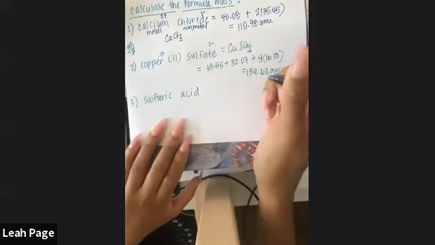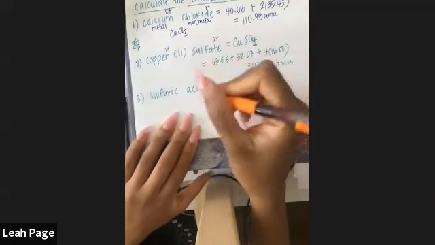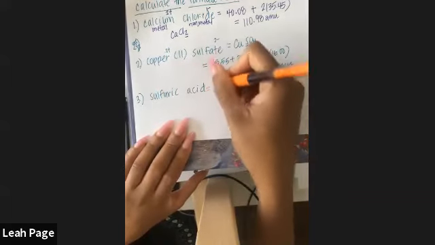I'm not sure. Let's see. What's the formula for sulfuric acid? H2SO4.